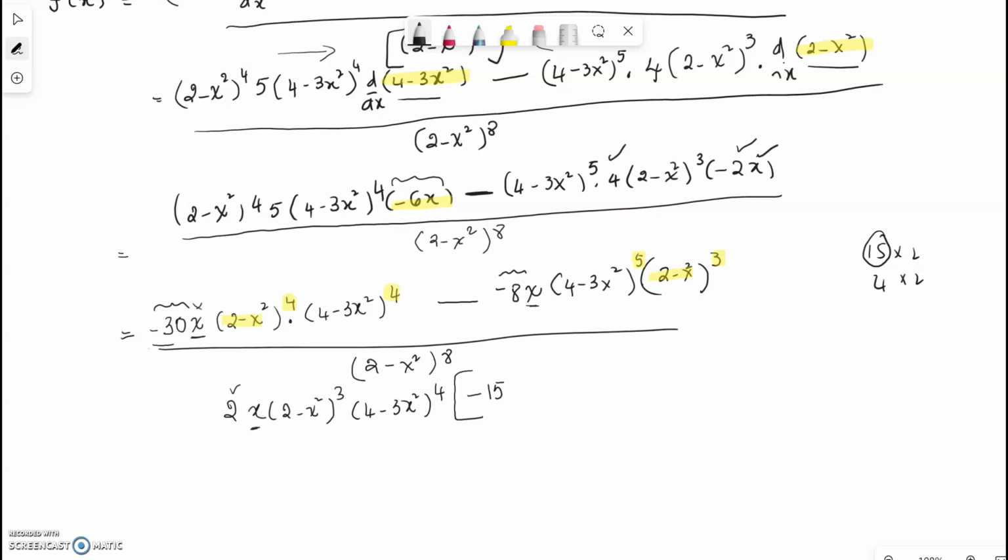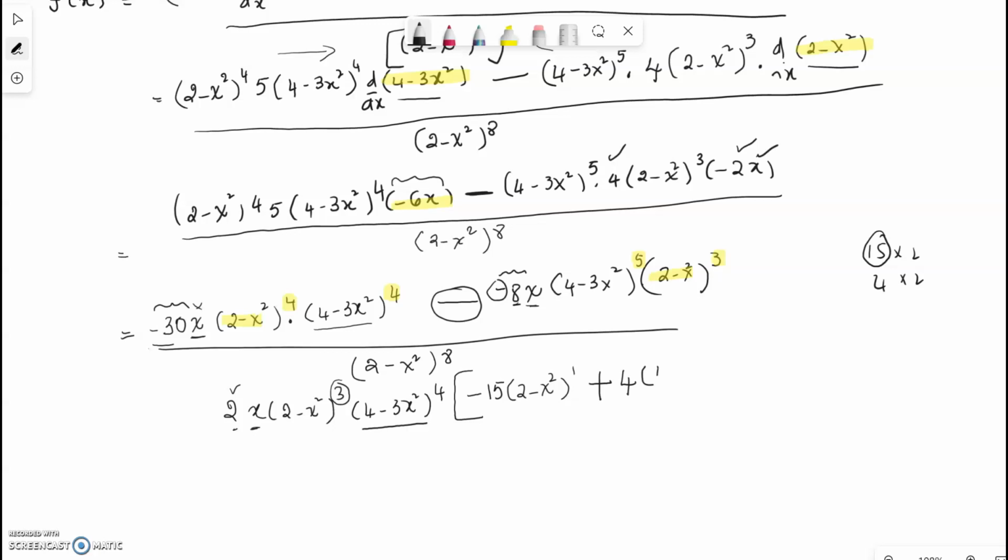We have a 2 minus x squared to the 4th power. However, only the 3rd power is factored out. So we have 2 minus x squared to the 1st power. We have a 4 minus 3x squared to the 4th power, which is factored out, so that's gone. And then the minus times the minus is a plus. Out of the 8, 2 is already accounted for, so we have 4. And x is factored out.